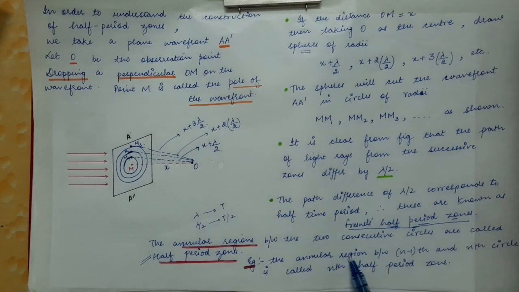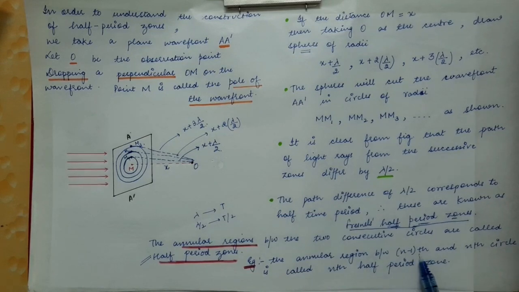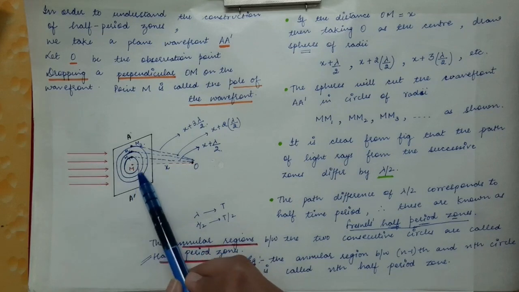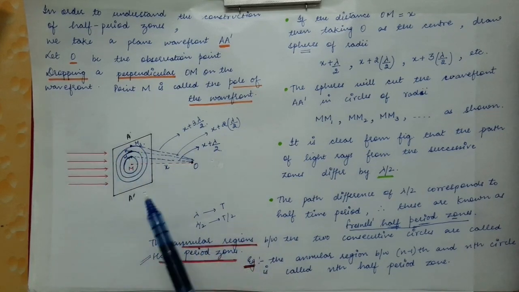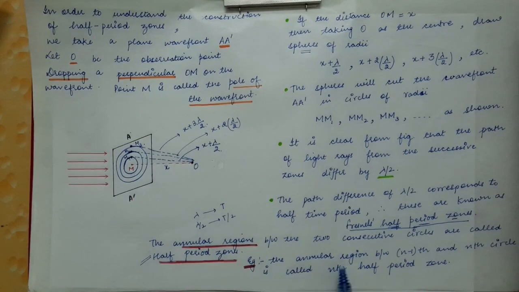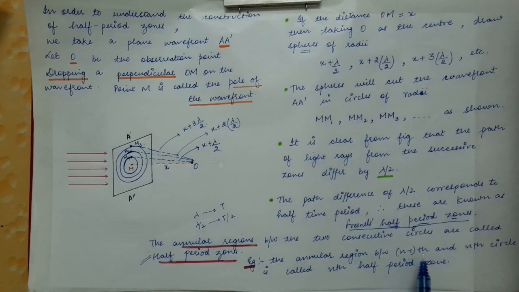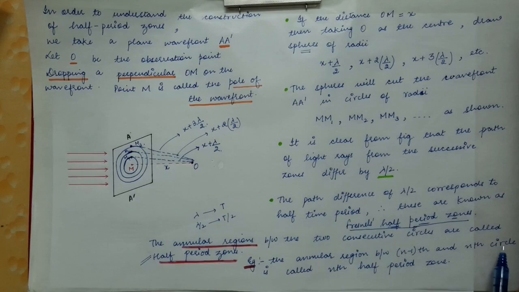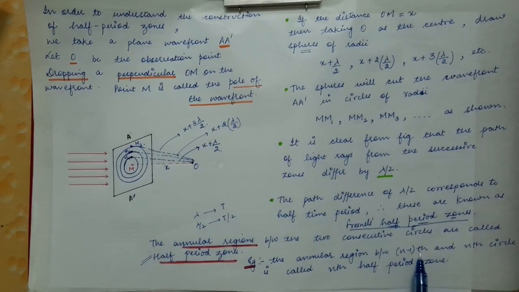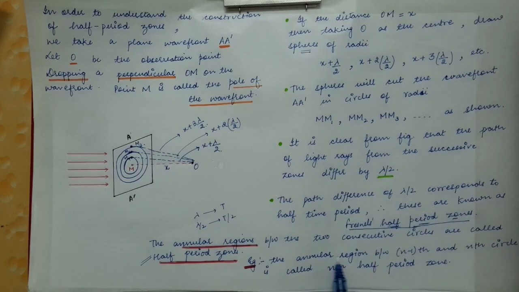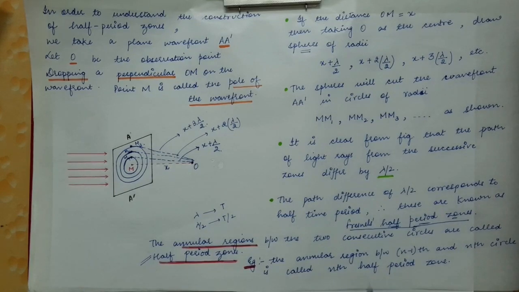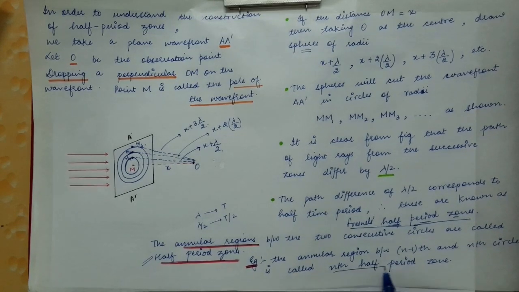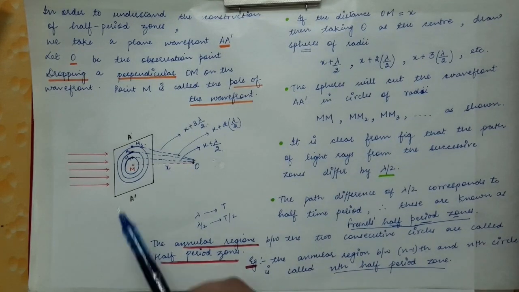Now the annular region between the n minus 1th and nth circle. First of all we have the first circle, then the second circle, then the third circle, fourth circle, and so on. The annular region between the n minus 1th and nth circle is called the nth half period zone.